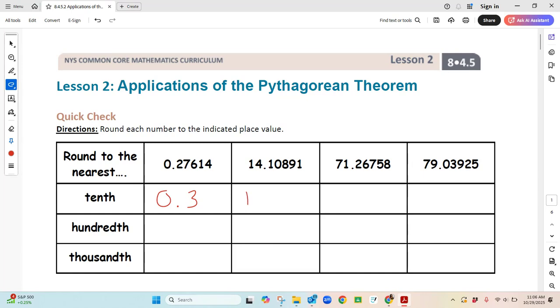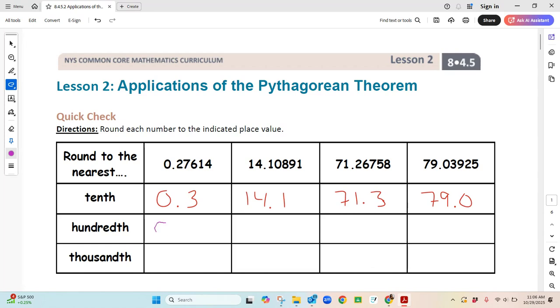Okay, you should have 14.1, 71.3, and 79.0. Next, we're going to fill in the hundredths place, which means we're looking for 2 numbers after the decimal.